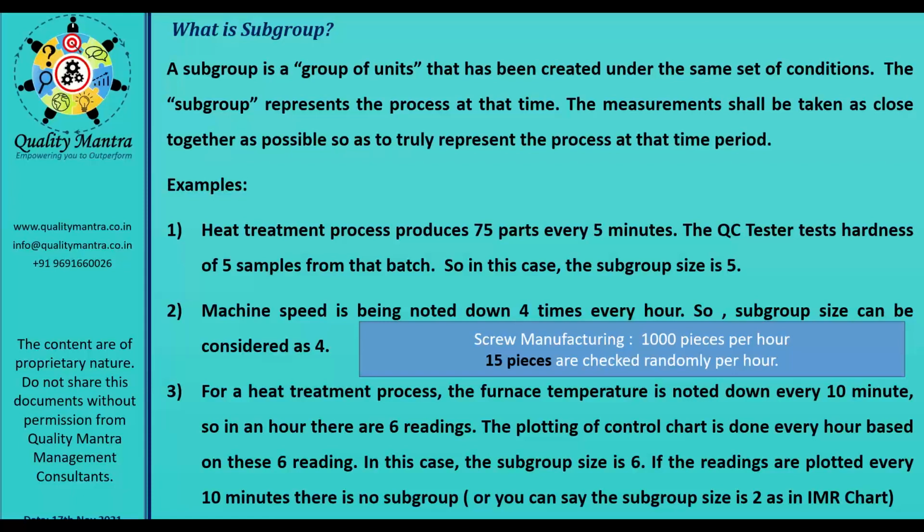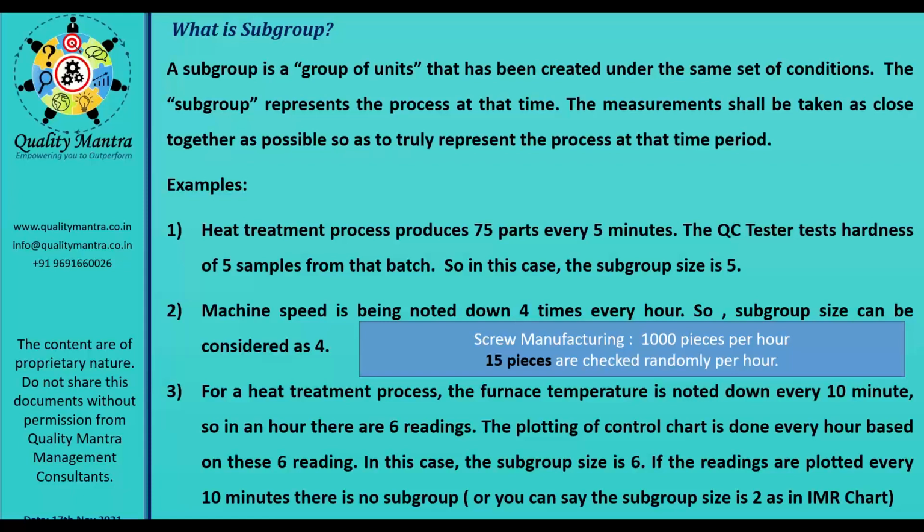If you are noting down the machine speed 4 times every hour, and you know that it is not varying too much during that 1 hour, it means that 4 is basically the subgroup size for you: 4 data every 1 hour. Now for such subgroup cases, you are not going to plot all the data on the graph.